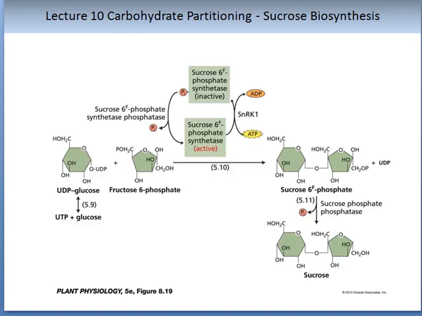I will not expect you to understand the details of this, other than that sucrose is composed of glucose and fructose molecules. The production of sucrose, like so many of these reactions, involves the input of energy in the form of ATP. Inorganic phosphates are transferred.